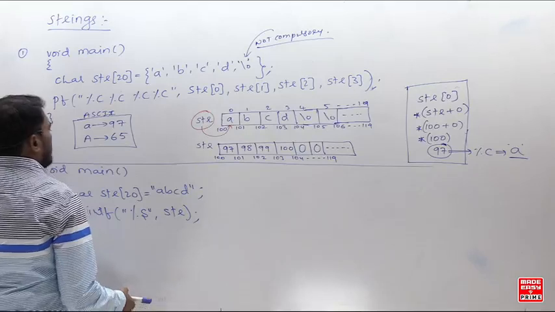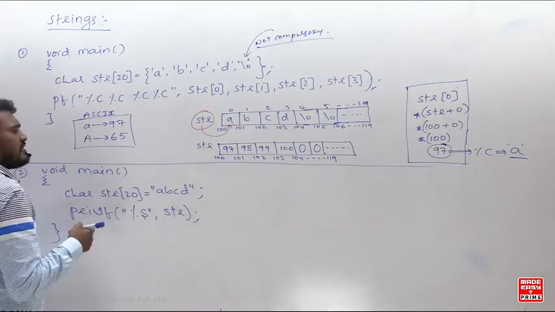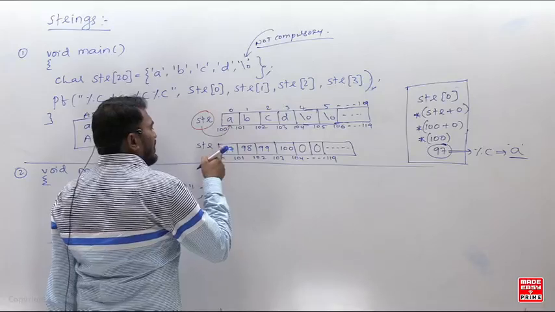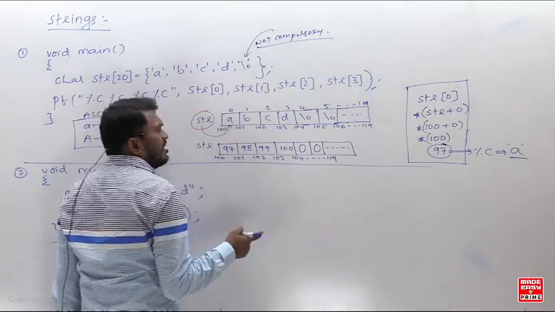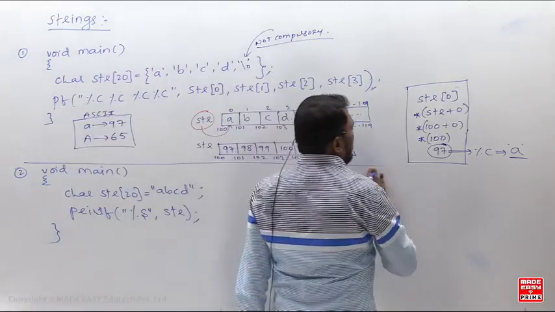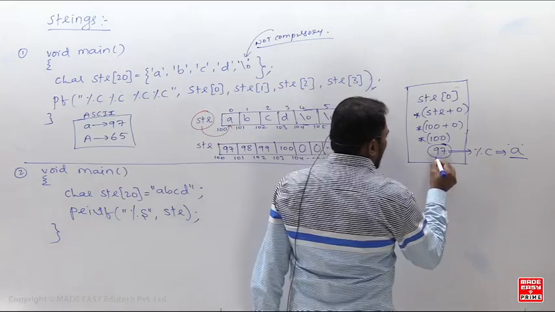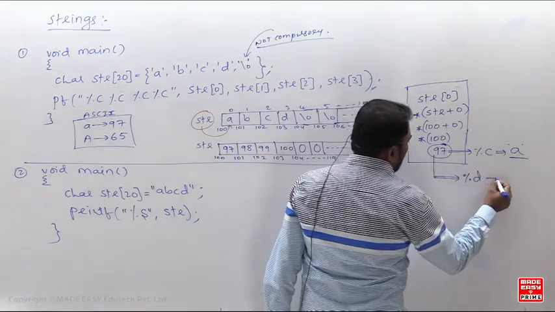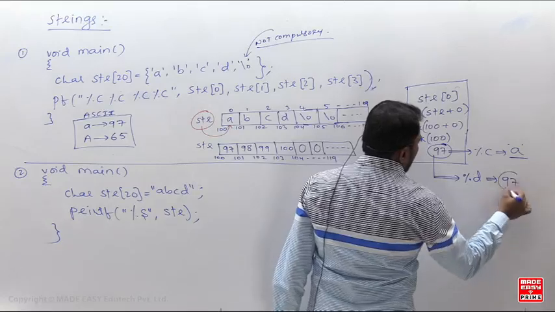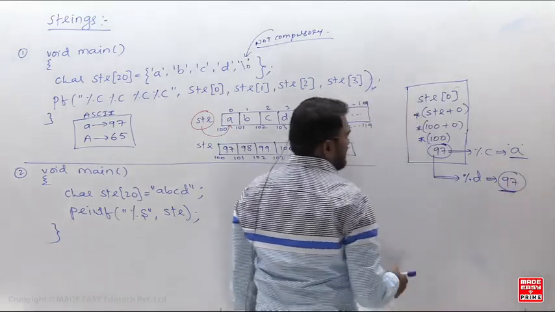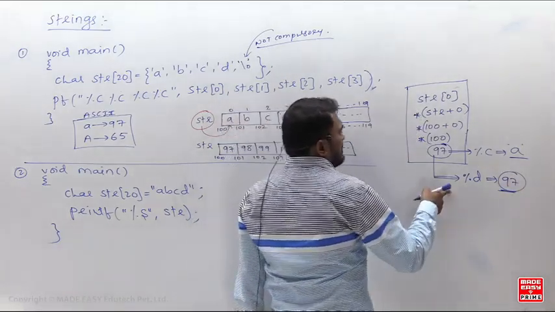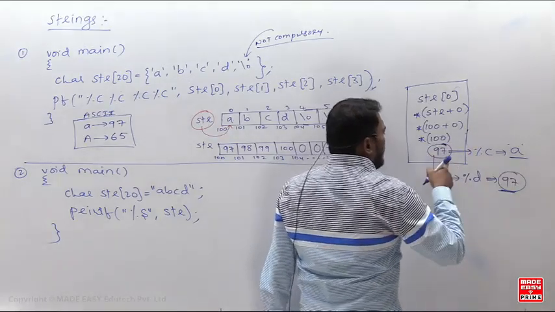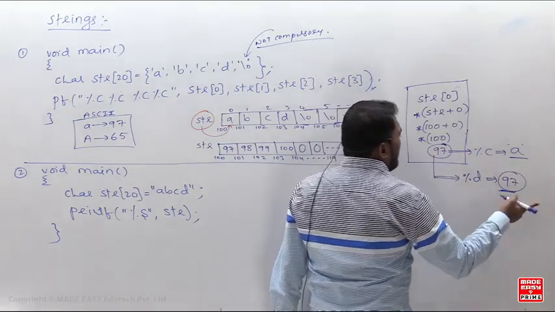Now somebody is thinking, sir, I want to print this 97, 98. No problem. If I print this with %d, it will print 97 only.